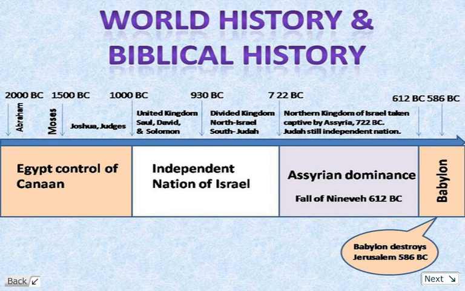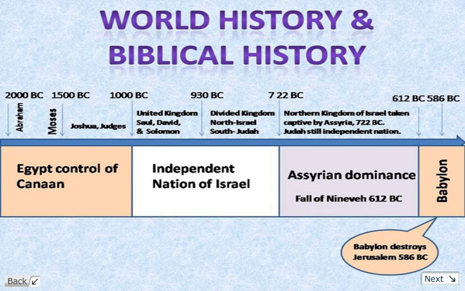It was not able to capture Jerusalem, and Judah stayed on as an independent nation until 586 BC, when Nebuchadnezzar, the king of Babylon, came and destroyed Jerusalem in 586 BC. In 612 BC, Nineveh was destroyed and fell.